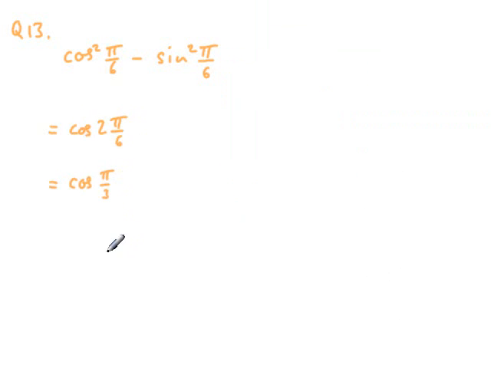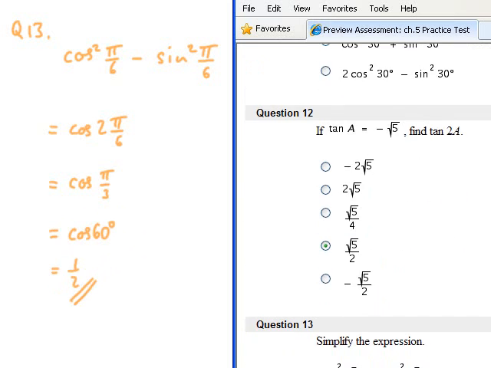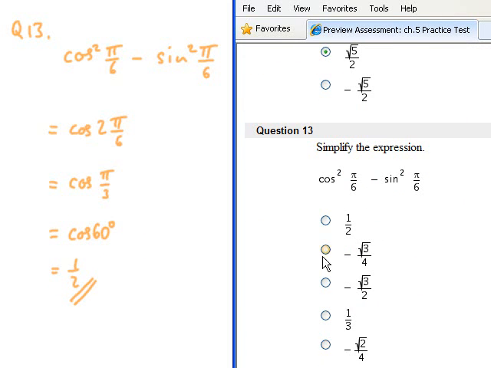And now I do need to have memorized my basic numbers. This one is the same as cosine 60 degrees, and I do need to know that this is 1/2, which is one of the possible answers. So when I go down here, there it is.